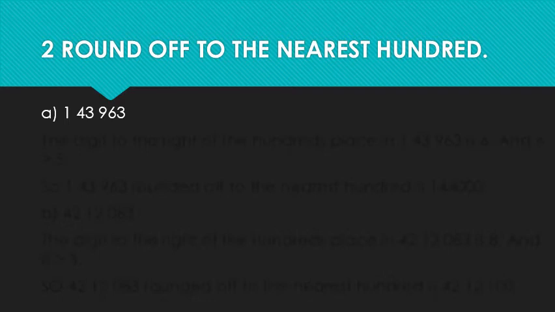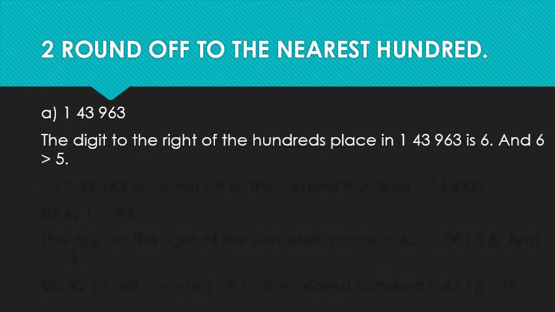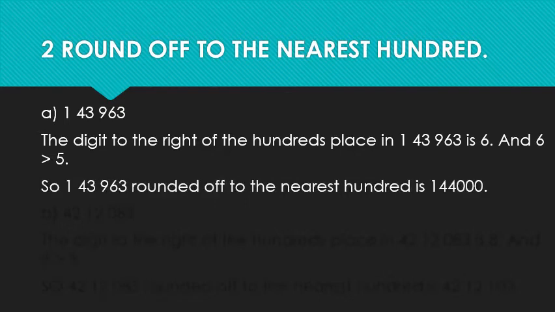The digit at the 100 place is 9, and the digit to the right of the 100 place is 6, and 6 is greater than 5. So we will add 1 to 9, and it will become 10. The 1 of this 10 will be carried to the digit at the 1000 place, 3, and it will become 3 plus 1, 4.